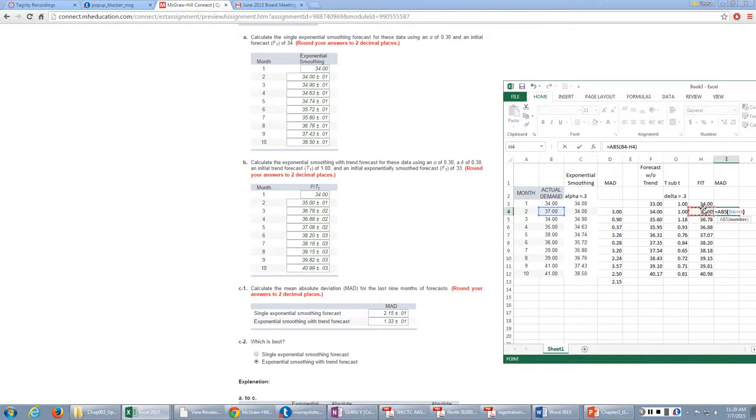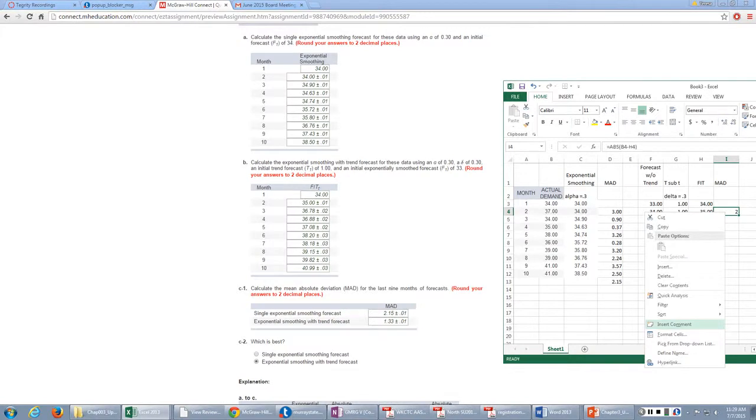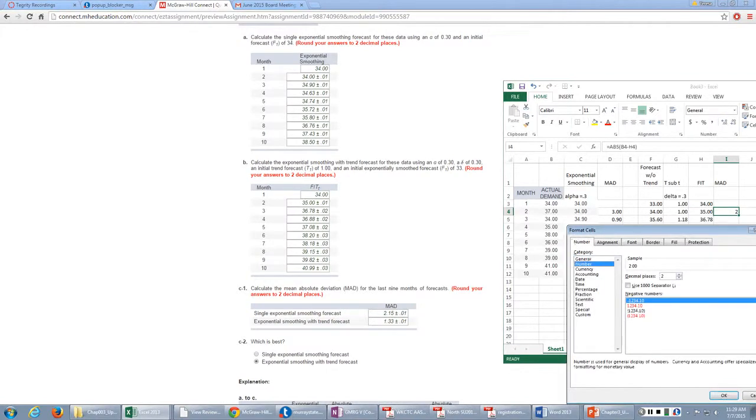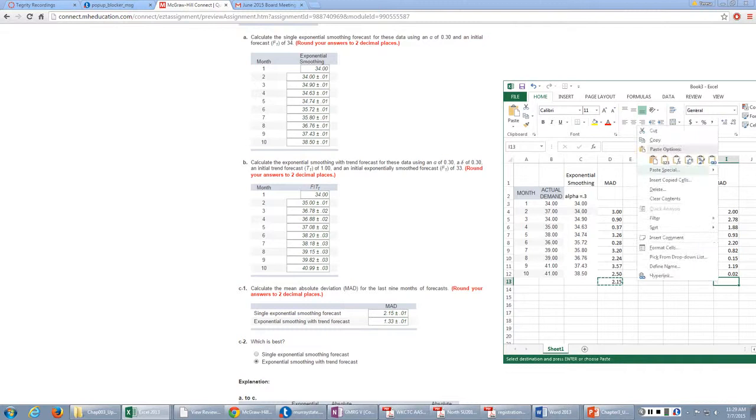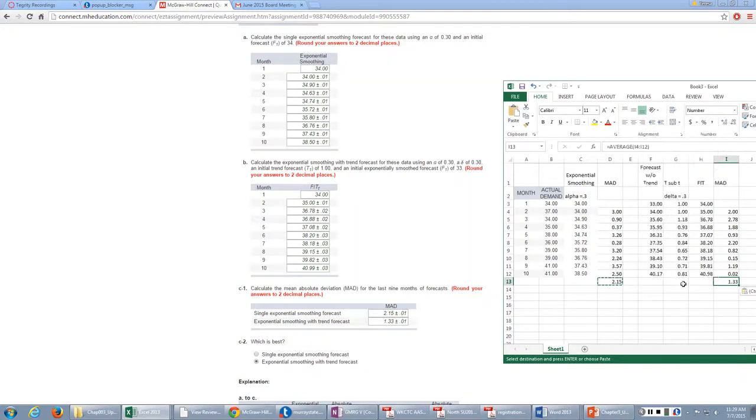I'm going to format that to be a number with 2 decimal places, copy that down, and take the average, because I can just copy and paste that average formula. That gives me 1.33.